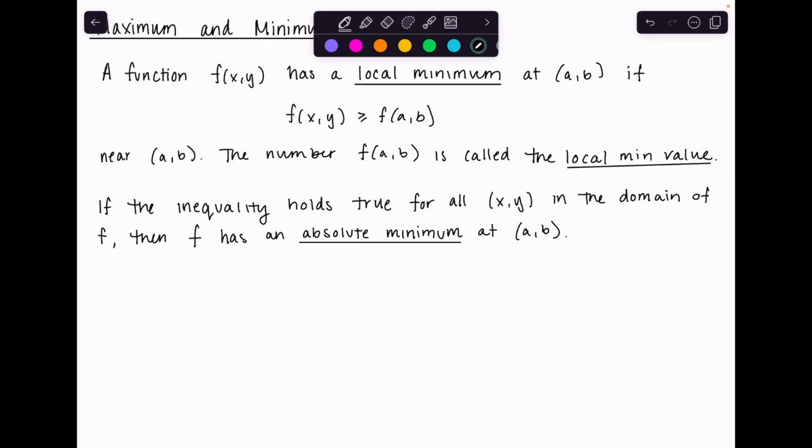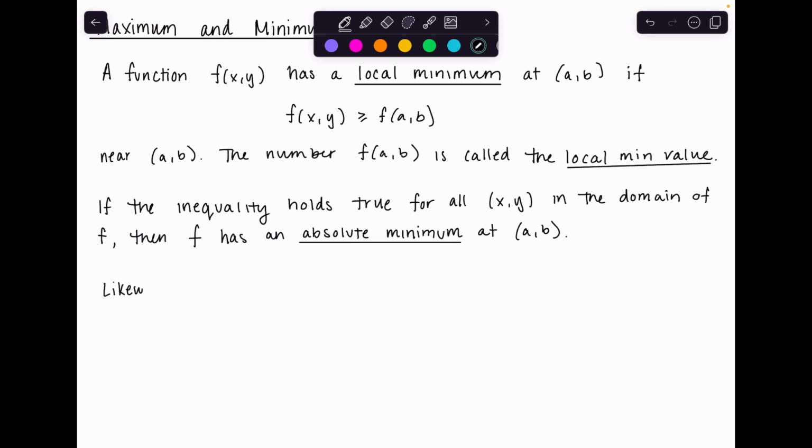And then we really have the same exact definition for maximum. It's just that maximum would mean that the inequality faces the other direction. So you have local maximum and absolute maximum as well.